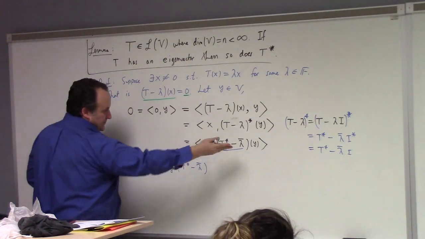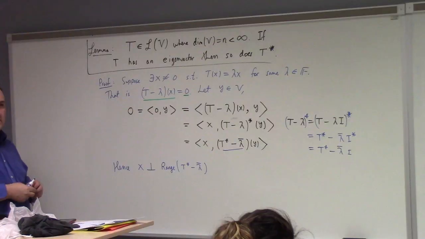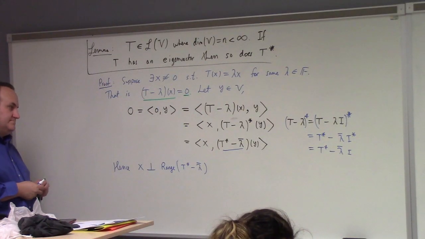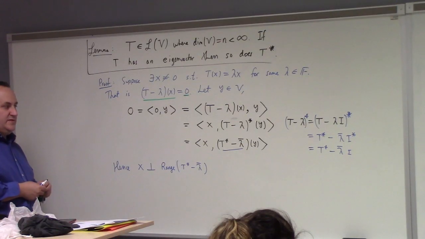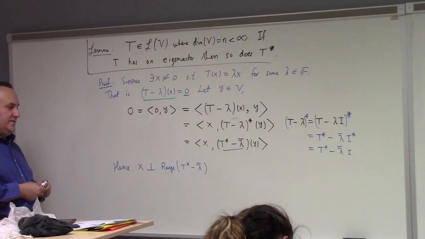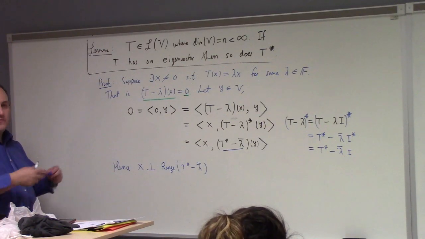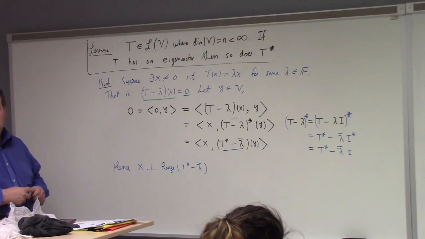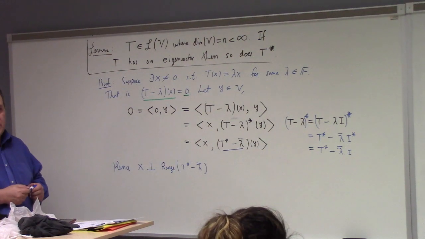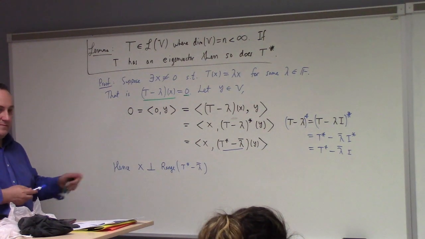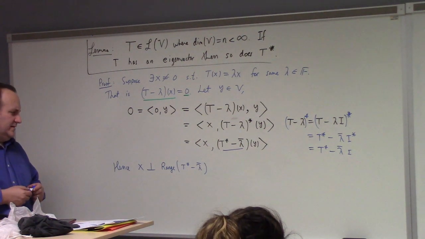Because its inner product is 0. Notice that T star minus lambda bar acting on y is an arbitrary element of the range. I made no particular restriction on y whatsoever, right? So that's an arbitrary thing in the range, so my claim is legitimate.